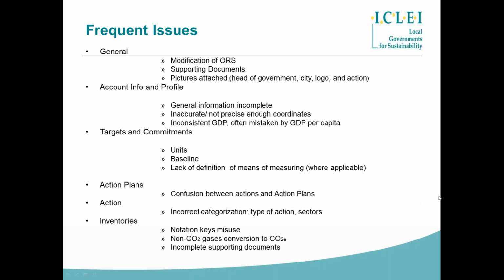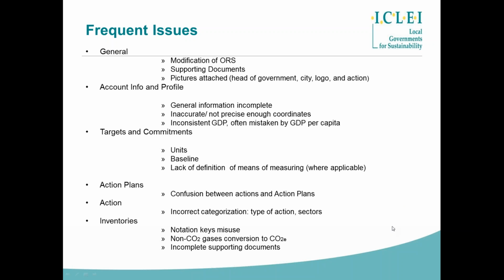And then in the action plans, we have sometimes confusion between actions and action plans, and we are developing also how we are going to categorize the actions and what are the guidelines for this, so we will tell you more and more about this. In the actions, incorrect categorization, and this is what I said, so the type of actions, the sectors.